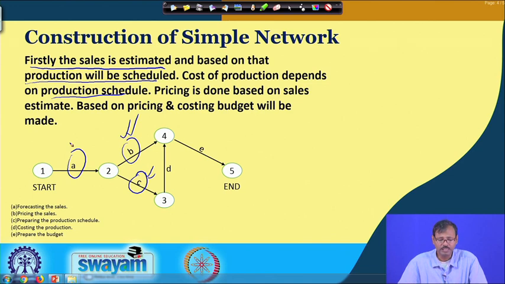So, basically you are estimating the production scheduling based on the sales estimation, which is carried out by your market survey or something like that. You estimate A, based on that you schedule your production at C, at which month how many cold drinks bottle caps will be manufactured. Second one is the price, what will be the price at which you can sell.